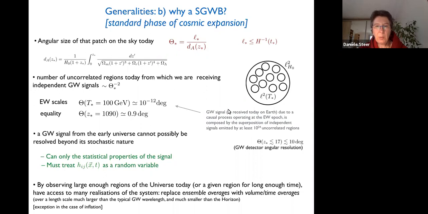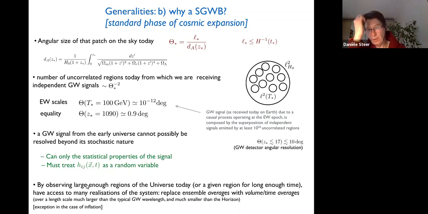So the conclusion is that a gravitational wave signal from the early universe can't possibly be resolved beyond its stochastic nature. So we can only talk about or measure the statistical properties of the signal, and we need to treat the gravitational wave perturbation as a random variable.